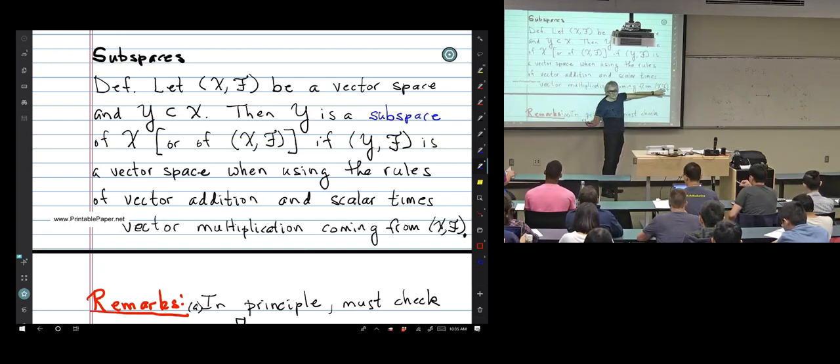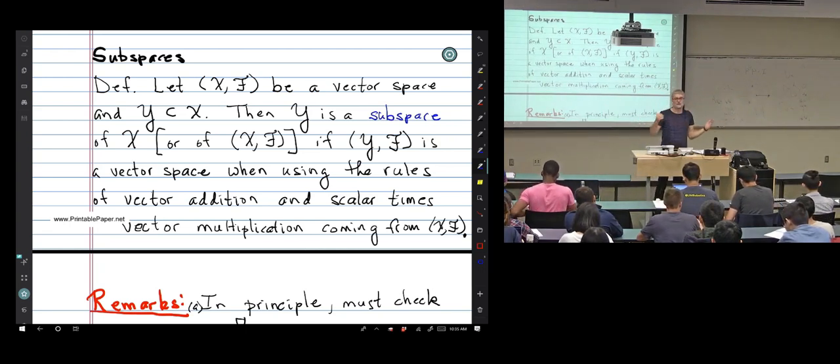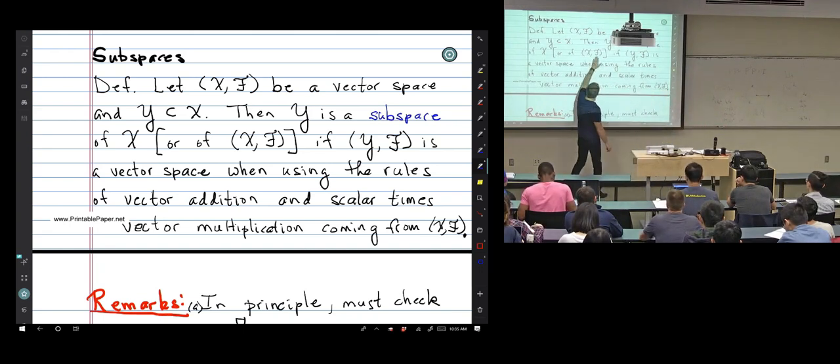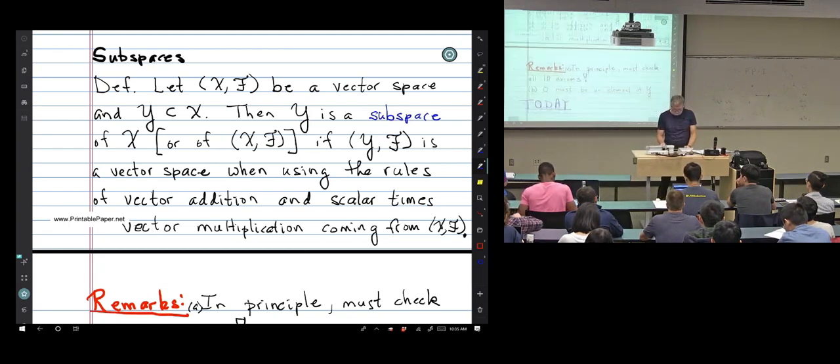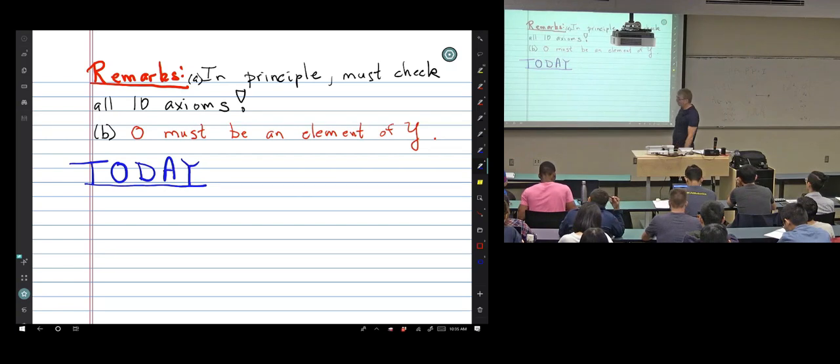different set of rules. So you could have a different set of rules, but Y would not be a subspace of X. It'd be a subspace of something else or just a vector space in its own right, but not a subspace of X. So when you're a subspace of X, you inherit the rules of addition from X. So to prove something is a subspace, in principle, we've got to check all 10 axioms.